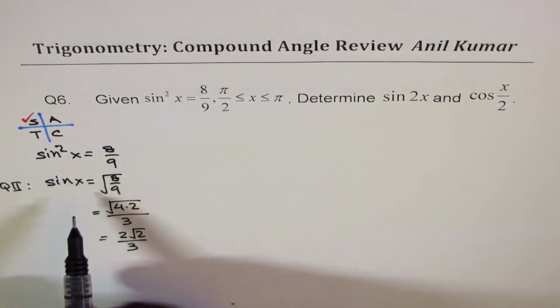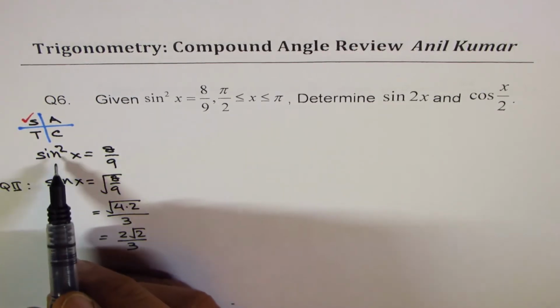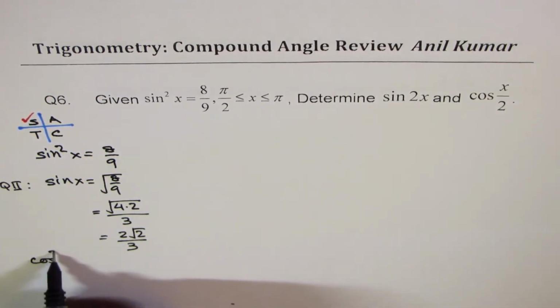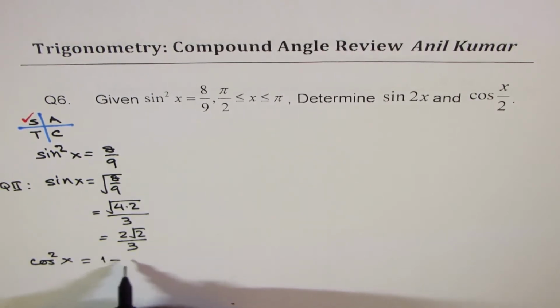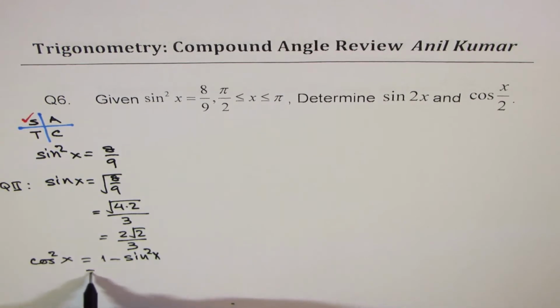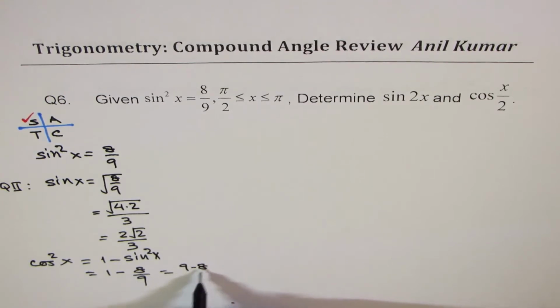When you know sine x, we can also find cos x from here. Well, let's use sine square x. So we know cos square x is equal to 1 minus sine square x, correct? That means 1 minus 8 over 9, and that means 9 minus 8 over 9.